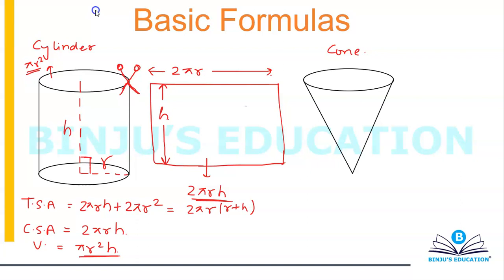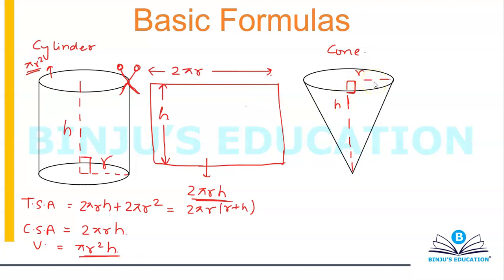The last thing that we need to discuss is a right circular cone. Again, I'm using the word right because the angle between the height and the radius is equal to 90 degrees. So this is the height, this is the radius.